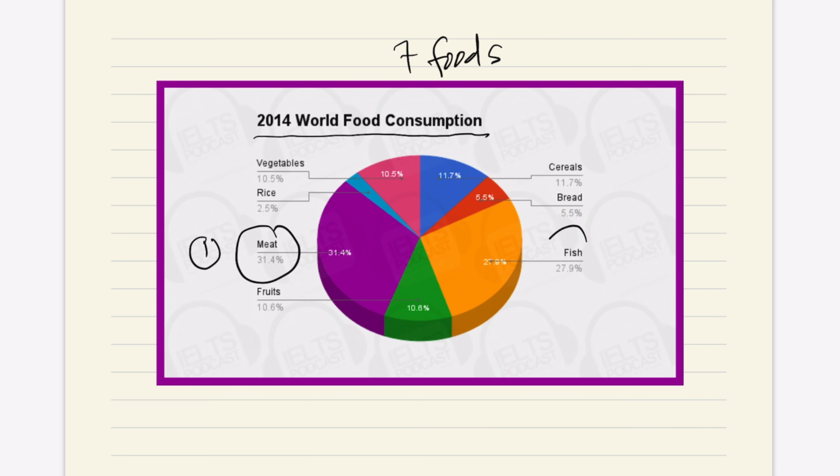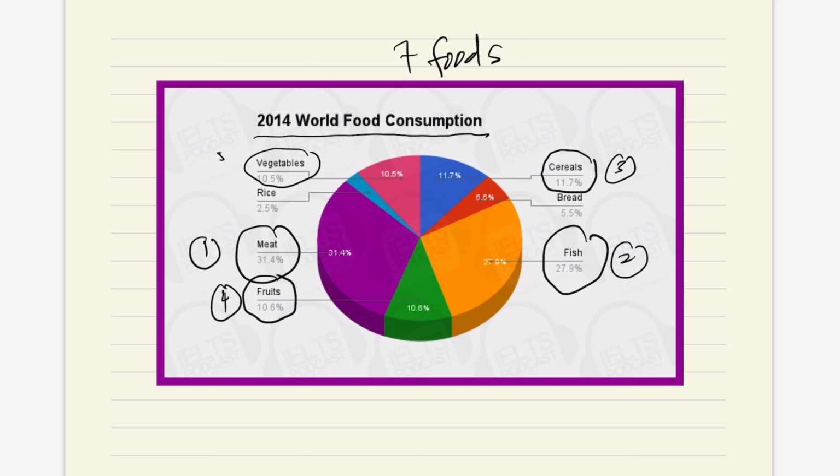Fish has the second highest consumption levels at 27.9%. Cereals consumption represents 11.7% of the total. Fruits' share of consumption is 10.6%, followed closely by vegetables at 10.5% and then bread at 5.5%.